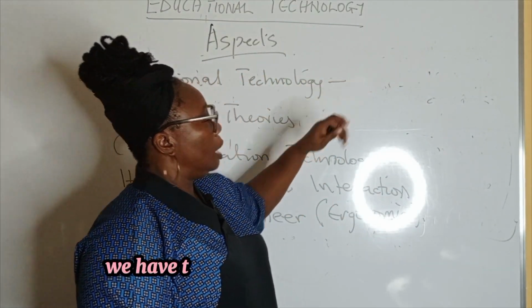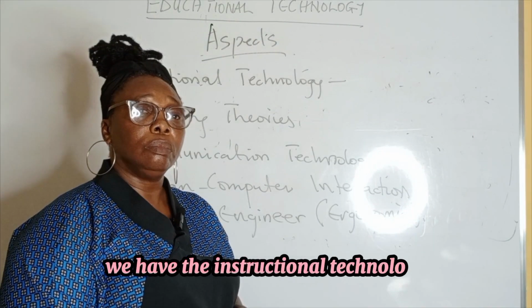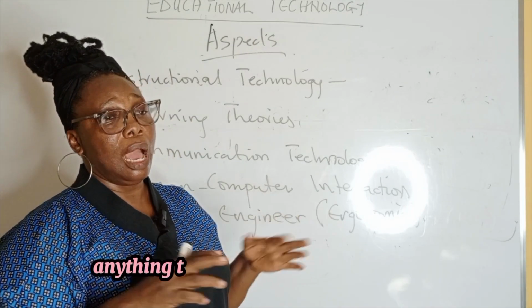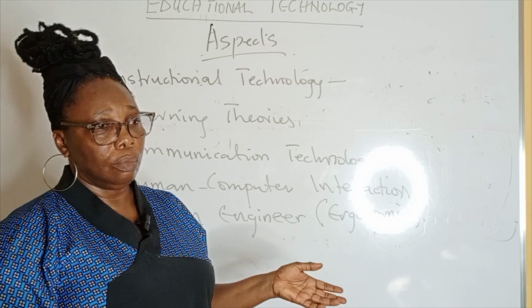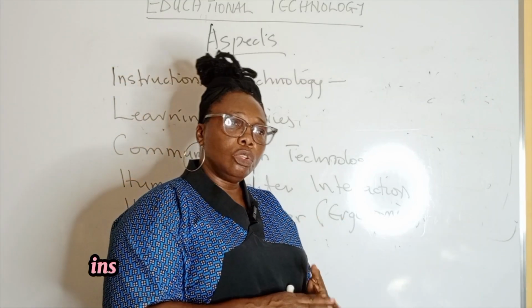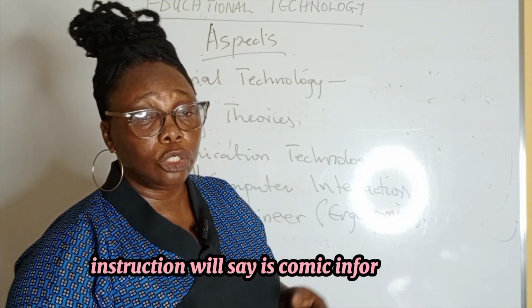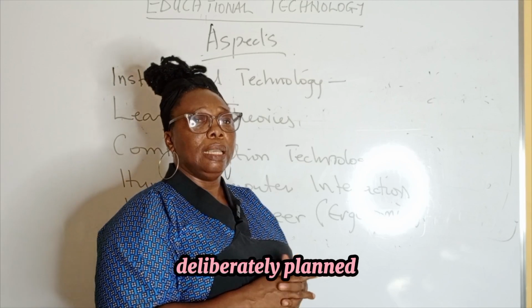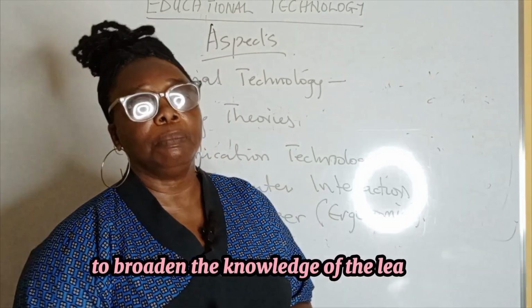So these are some of the basic areas of educational technology that educational technologists deal with. We have instructional technology that deals with anything that has to do with instruction. And what is instruction? Instruction, we say, is information deliberately planned to broaden the knowledge of the learner.